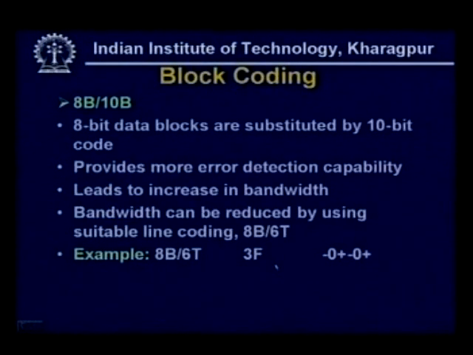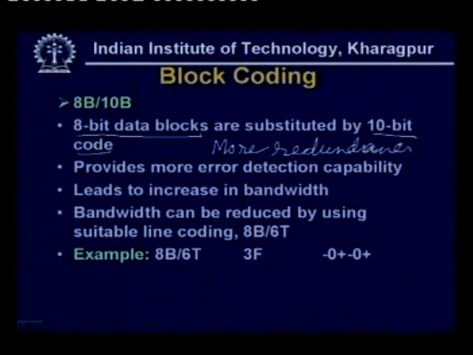Now, another block coding example is 8B to 10B. Here you have 8-bit data blocks which are substituted by a 10-bit code. So, each 8-bit data is encoded by 10-bit data. Obviously, it allows more redundancy, and more redundancy means more error detection capability, but unfortunately, it leads to an increase in bandwidth.